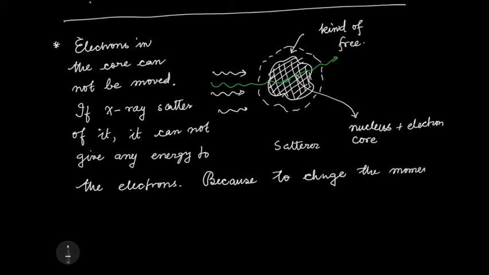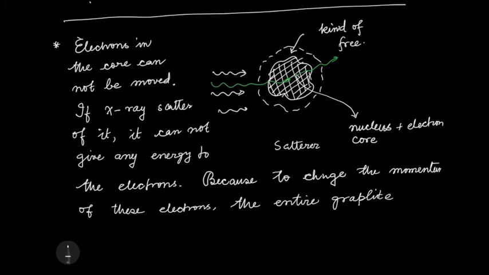The momentum of these electrons, the entire graphite core momentum, needs to be changed.